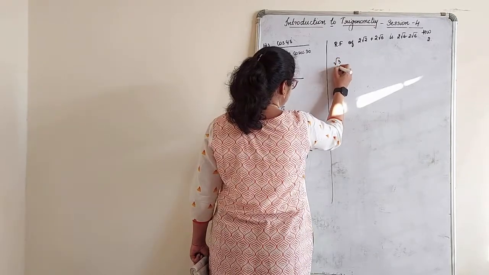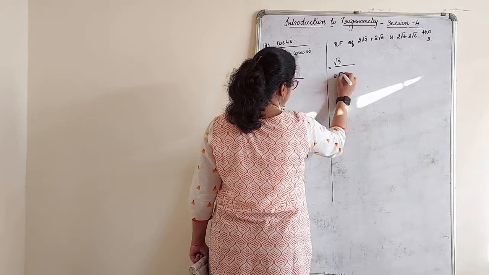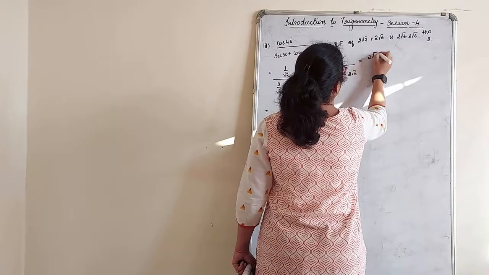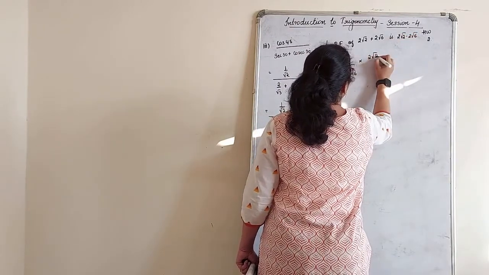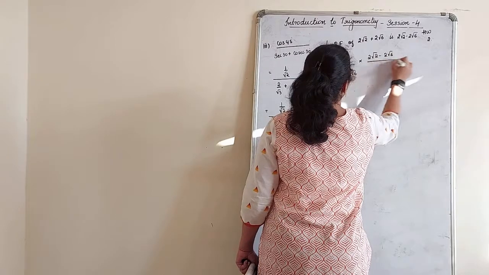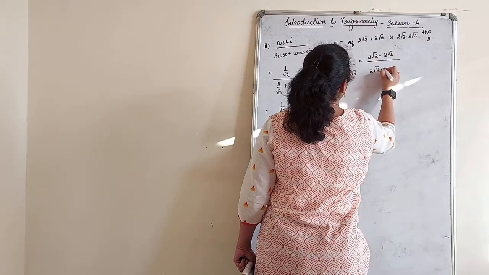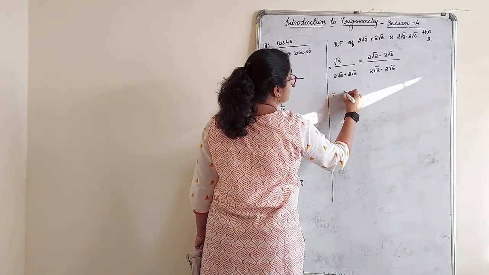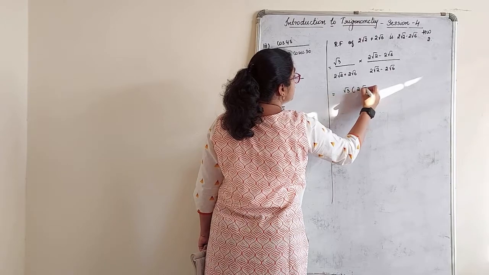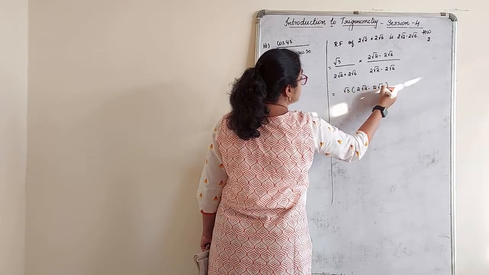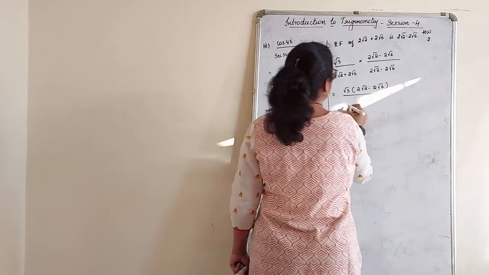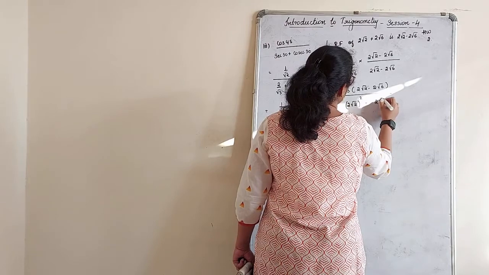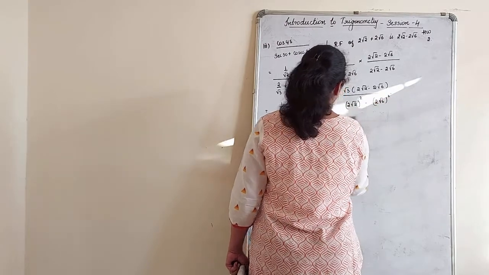Root 3 divided by 2 root 2 plus 2 root 6, into 2 root 2 minus 2 root 6 divided by 2 root 2 minus 2 root 6. In the numerator, it is root 3 of 2 root 2 minus 2 root 6, divided by a plus b, a minus b: 2 root 2 whole square minus 2 root 6 whole square. Okay, multiply.